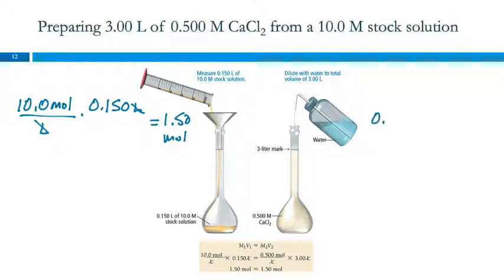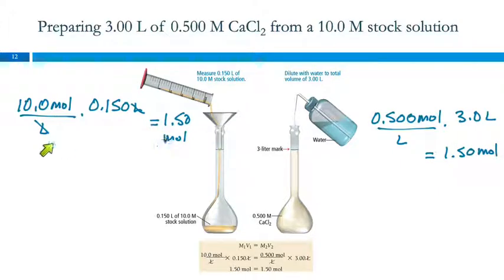And the molarity is 0.5 moles per liter times 3 liters also equals 1.5 moles. So that's how the equation works. The amount of moles is staying the same. The concentration gets smaller, the volume gets bigger.